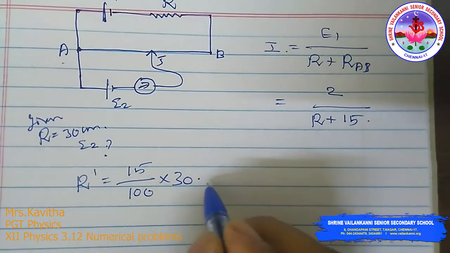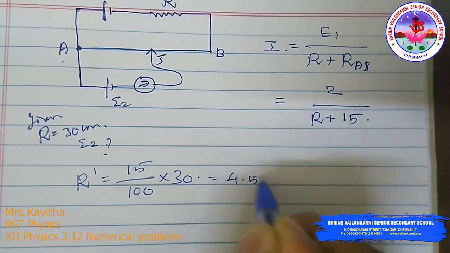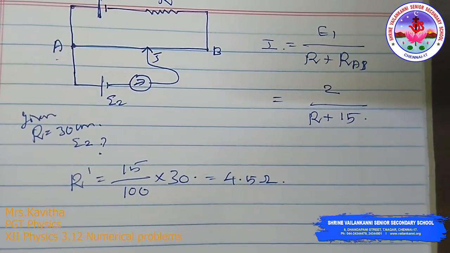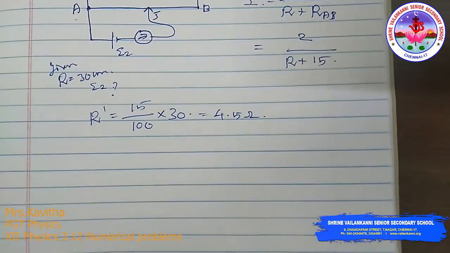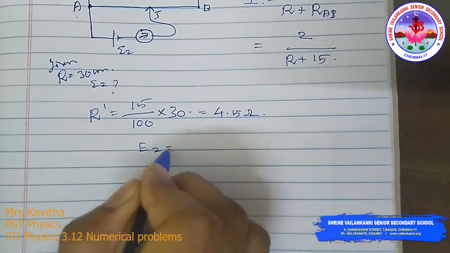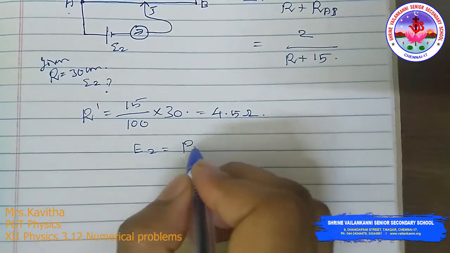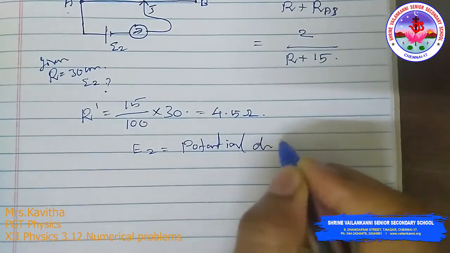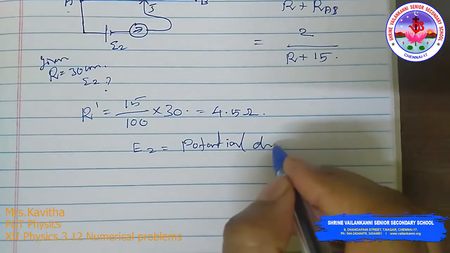So that we can get 4.5 ohm. Now the E2 is equal to the potential drop across R dash.